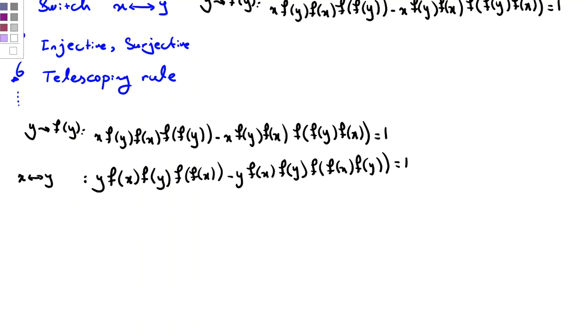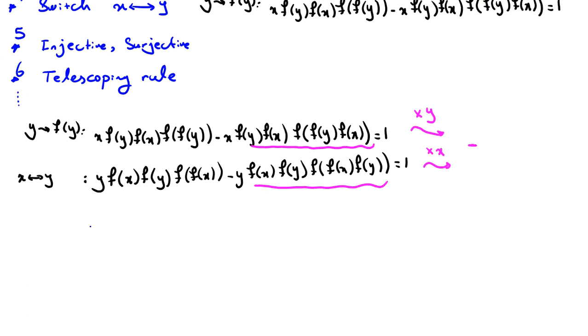Now, if we consider these two equations and we want to get rid of that, these terms are equal. So if I multiply the first one by y, like two equations, two variables, and this one by x, and then subtract, let's see what we have. The first one, if I write the rest in blue, will be yx f of y, f of x, f of y.